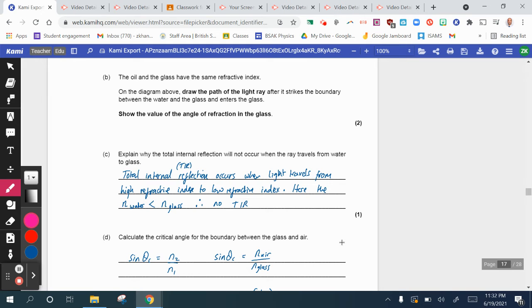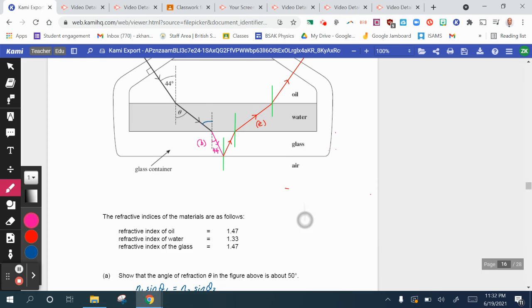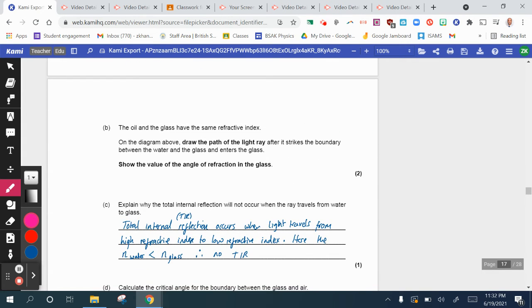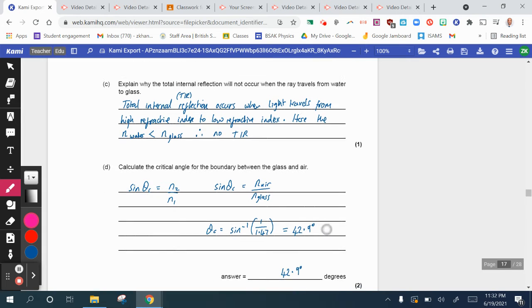Another way of answering this question is to say that the optical density of water is less than the optical density of glass. Therefore, no total internal reflection will occur. And remember the word optical, because that's key.